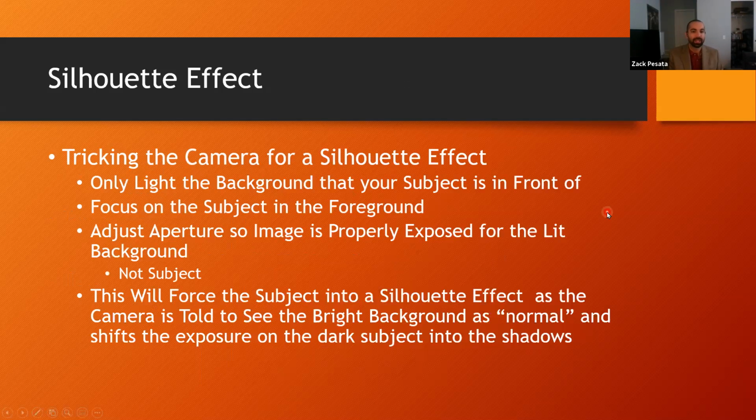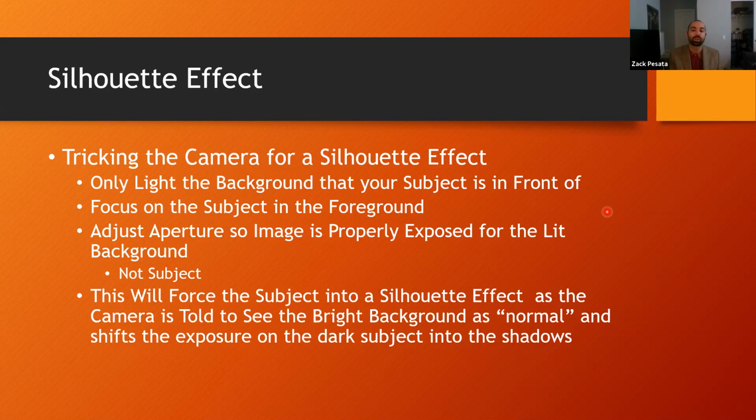Okay, so silhouette effect. You don't have to worry about the details of this. But the only thing I want to mention is the way it's done in a film usually is if the subject is standing in front of a very bright source. And what the cinematographer or camera operator will do is they lower their aperture to properly expose that very bright source in the background, which then throws the human subject in the foreground into shadow.